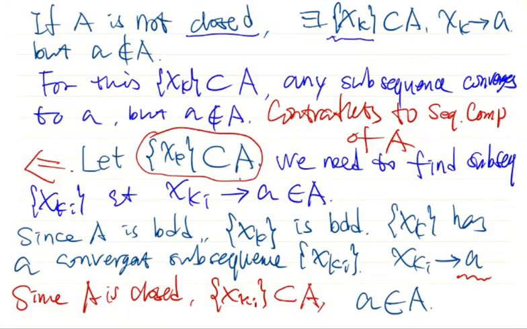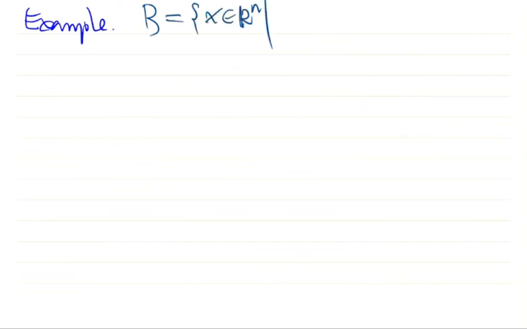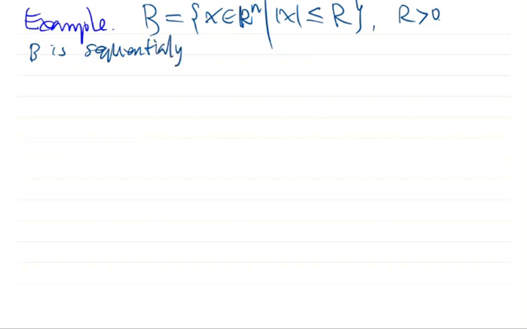Now we will investigate some examples. B is the set of x in R^n such that the norm of x is not greater than some positive number R. We declare that this B is sequentially compact.